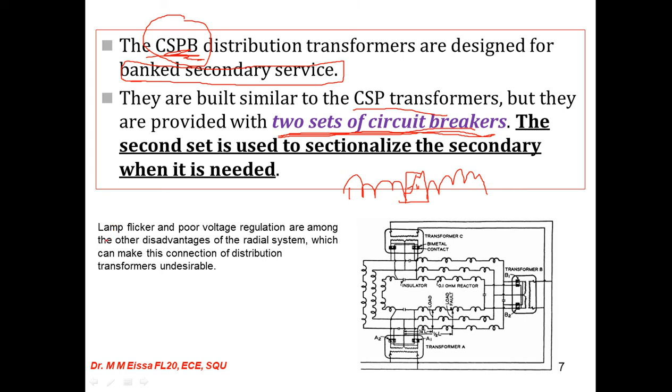Actually, lamp flicker and the poor voltage regulation are among the other disadvantages of the radial system, which can make these connections of distribution transformer undesirable. So maybe if you have problems with flickers or voltage regulation, these kinds of transformer cannot be used actually.